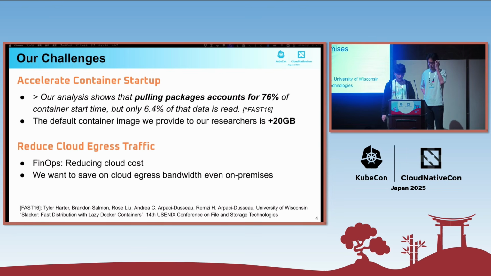Also, the default container images we provide to our researchers are often quite large, frequently exceeding 20 gigabytes. Secondly, we aim to reduce cloud costs, which has a direct FinOps impact. But even beyond public cloud, for our on-premise infrastructure, reducing cloud egress traffic is also an important goal to ensure network stability.